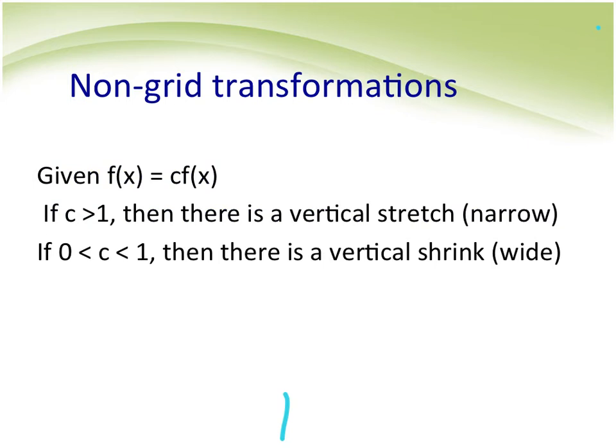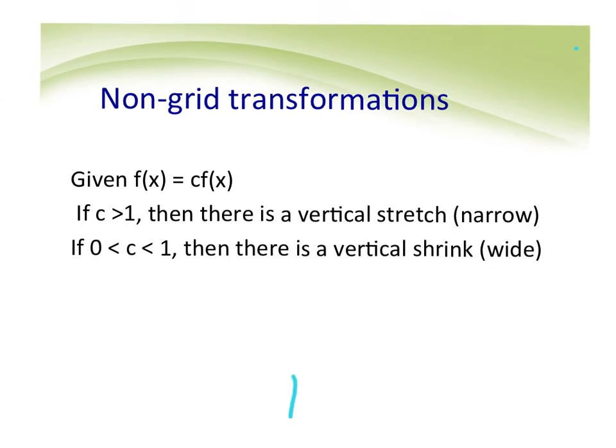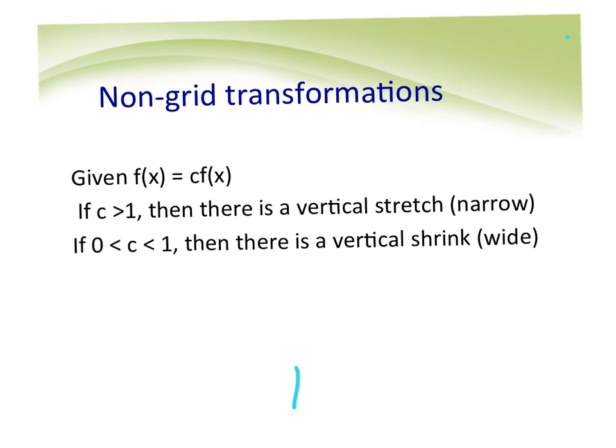All right, non-grid transformations. This is your stretching and your shrinking, okay? So if the number is on the front of the function, and the number is bigger than 1, we're not talking about positive and negative, right? Because positive and negative is a reflection. So the absolute value of whatever's there, if it's bigger than 1, then there's a vertical stretch, okay?